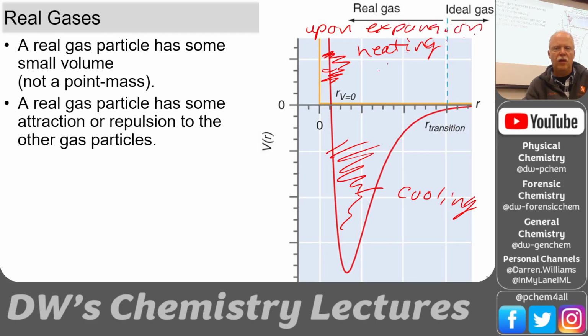Because if I've got a molecule that is essentially this distance from the other molecules, it has this energy. To get it to go away from its neighbors, I've got to go uphill, which means I'm gonna have to take in energy from the surroundings, and so I'm gonna cool things down by expanding. But if I'm up here, if my average distance between the molecules is right here, I've got all this extra energy, and so when I expand, I'm gonna release that energy to the surroundings, and I'm gonna heat up.